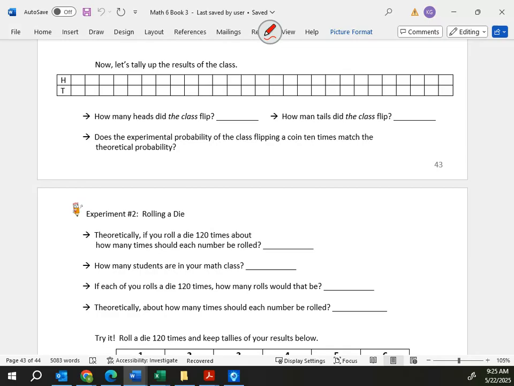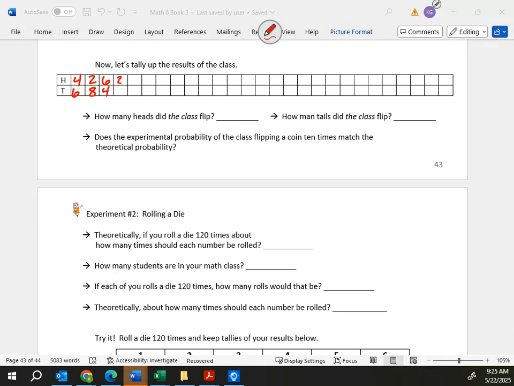So, I am going to call on each of you. I'm gonna go around the room and ask how many heads, how many tails. So you're gonna tell me your heads number first and then your tails number. Gemma, 6. Nolan, 2. Alyssa, 6 and 4.